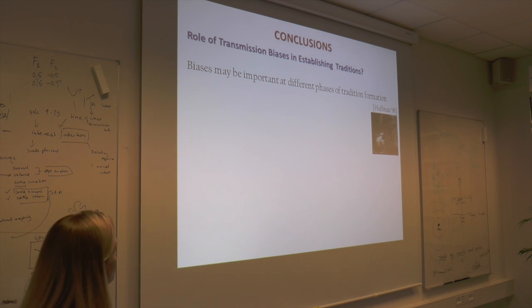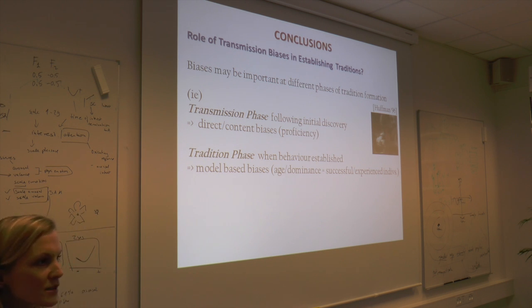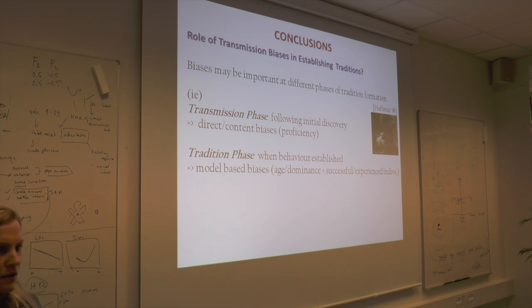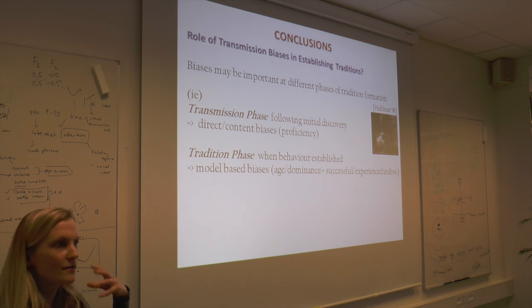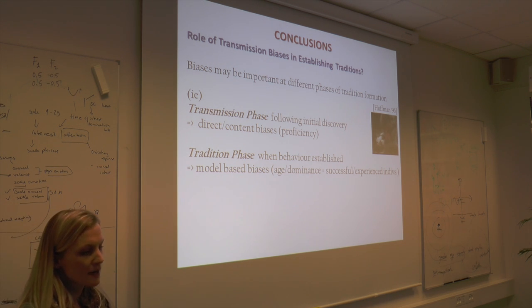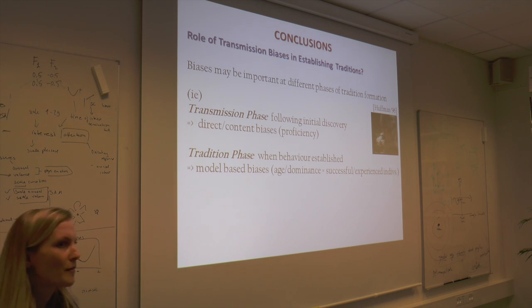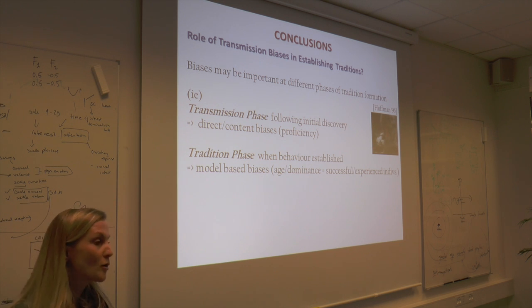In the transmission phase, when something's initially discovered, you might think that a direct content bias, a bias for the skill and the proficiency displayed, is going to be most important. And then in the tradition phase, when a behaviour is established, there's less variation between individuals regarding skill, so you can use more of a rule of thumb, a heuristic of just copy the dominants or copy older individuals because they are likely to be good at this skill.